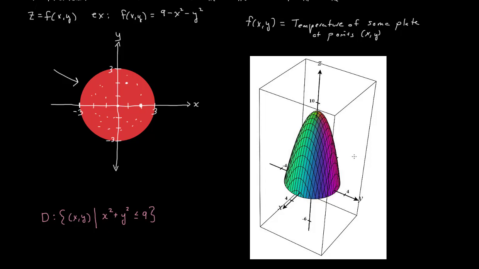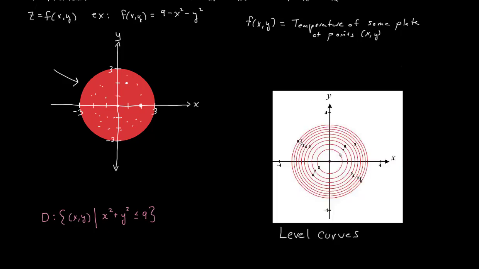You can see as we get closer to the origin, the temperature increases. Now the graph here still represents level curves. It tells us now, we're not talking about altitude, but it tells us that the temperature is 8 for all points along this particular level curve, and the temperature is 3 along this one, and the temperature is 4 along this one.